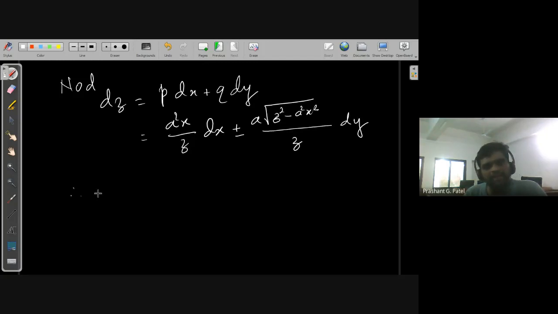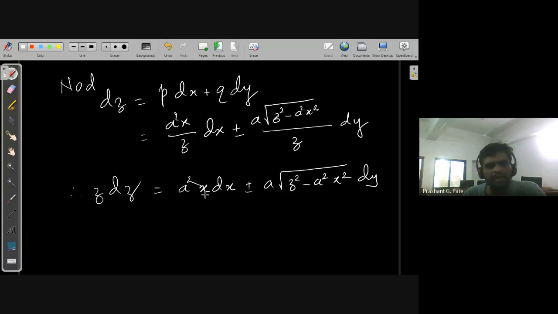You can see that z is common and you can take it as the LCM. So it is z dz equal to a square x dx plus or minus a square root of z square minus a square x square dy.